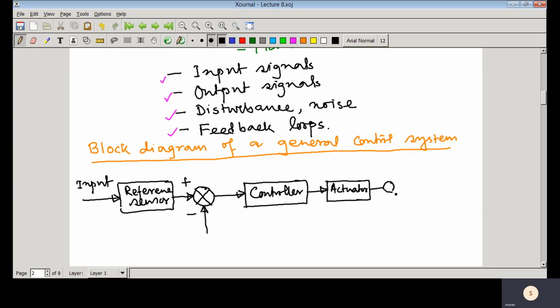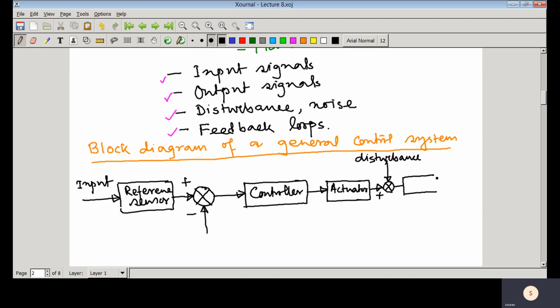So in between the actuator and the plant, there is again one comparator, so disturbance may enter the system.